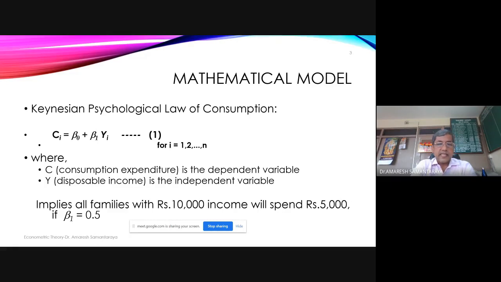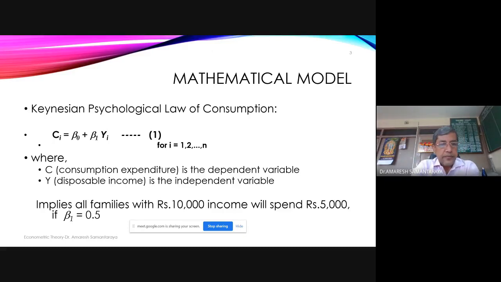It suggests that as income increases, consumption increases, but the increase in consumption will be less than the increase in income. These couple of sentences, which explain the individual's consumption behavior according to Keynesian thinking, can be expressed in the form of equation 1, which you have on your screen.